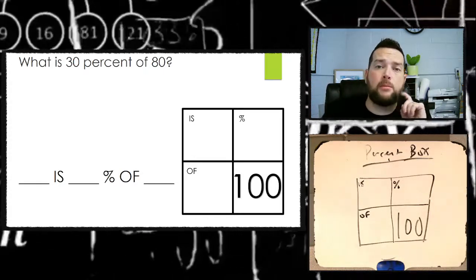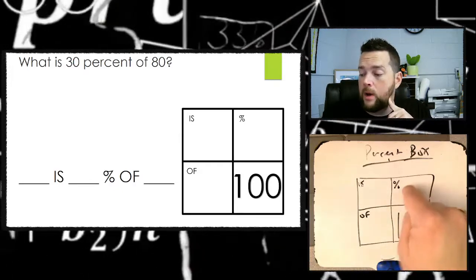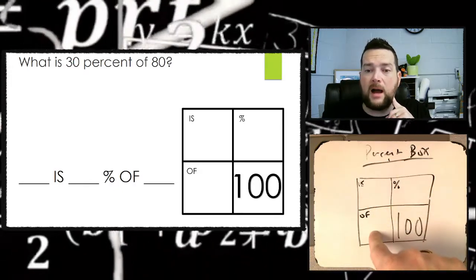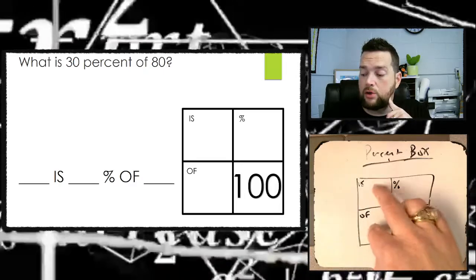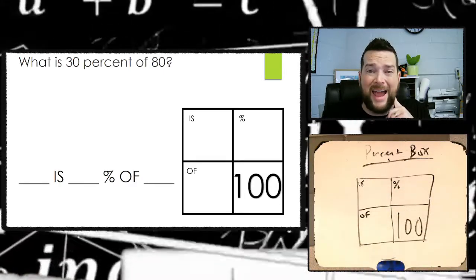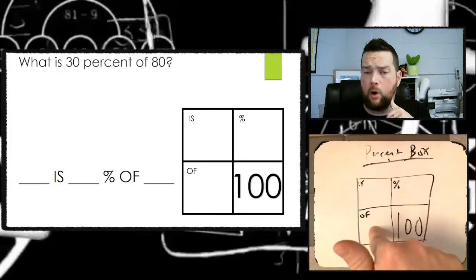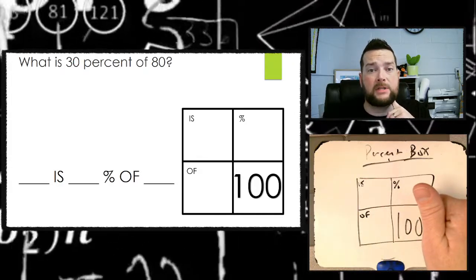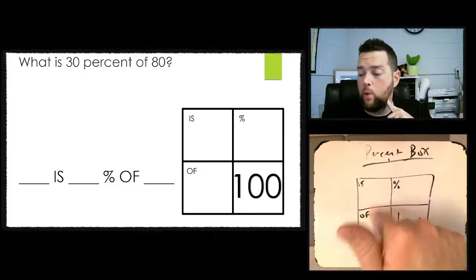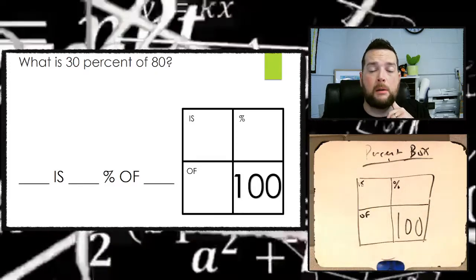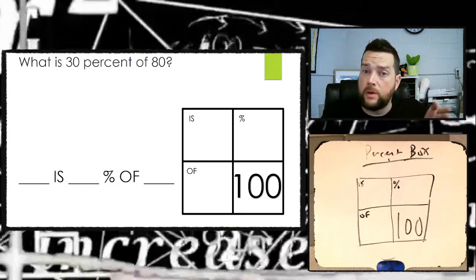Now then, the 2 numbers that you're given can go in any one of these 3 boxes right here. So they're going to give you 2 numbers, but your task is to figure out, is it my part, or my whole, or is it my part percent? So which boxes do these 2 numbers go in? They don't always go in the same boxes.